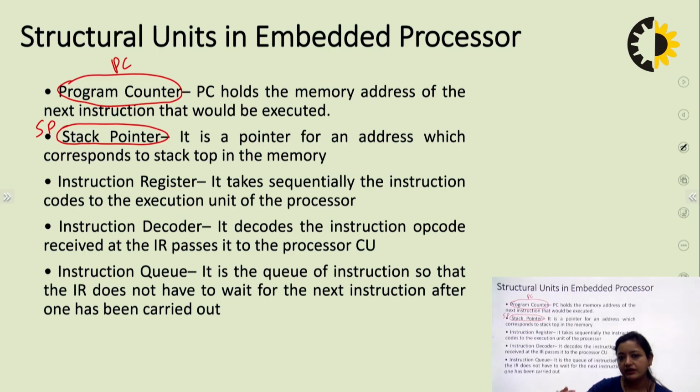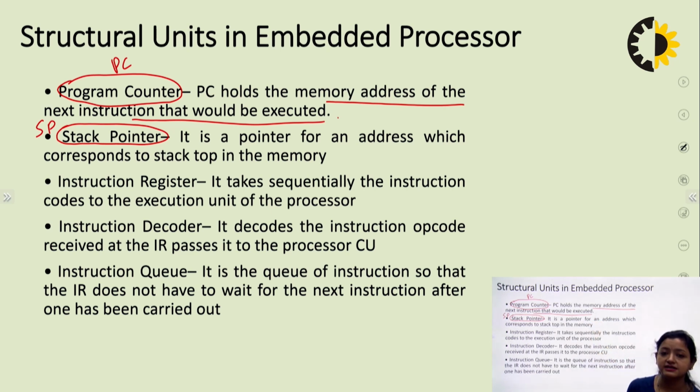So when one of the instructions is already in execution, the address of the next instruction which is to be executed in sequence is stored in PC, that is program counter. So program counter holds the memory address of the next instruction that would be executed. The memory address of the next instruction coming up for execution will be located in program counter.